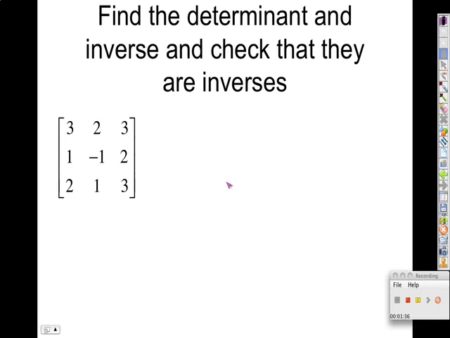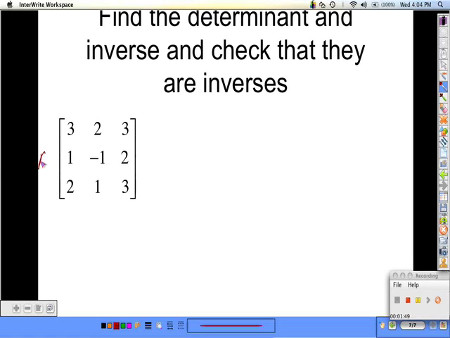So I want to find the determinant, and I want to find the inverse of this matrix, and I want to make sure that they are inverses. So I'm going to call this matrix A. The determinant of A, I'm going to rewrite the first two columns, 3, 1, 2, 2, negative 1, 1.